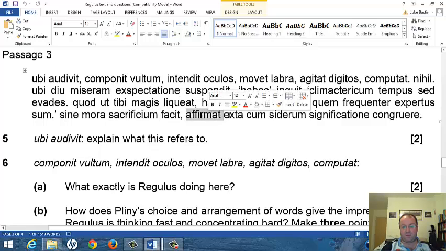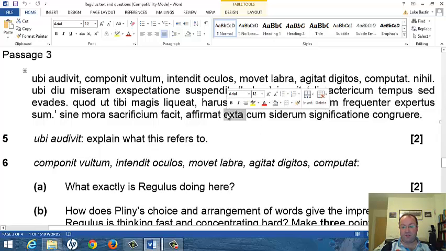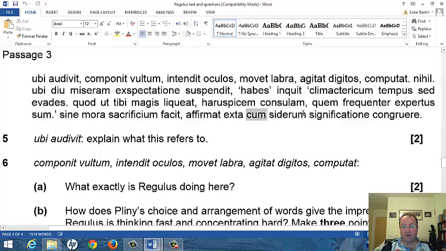He affirmat, the exter. Okay, he confirms, and this is quite gross. Grammatically, we've got an indirect statement. So he confirms, affirmat, that. And exter is our accusative, congruere is our infinitive. Okay, and this other stuff we do last.